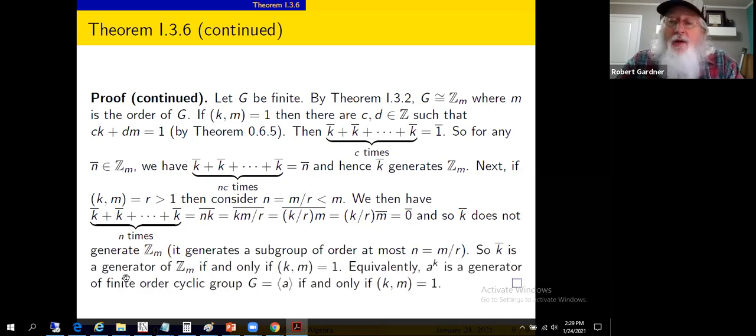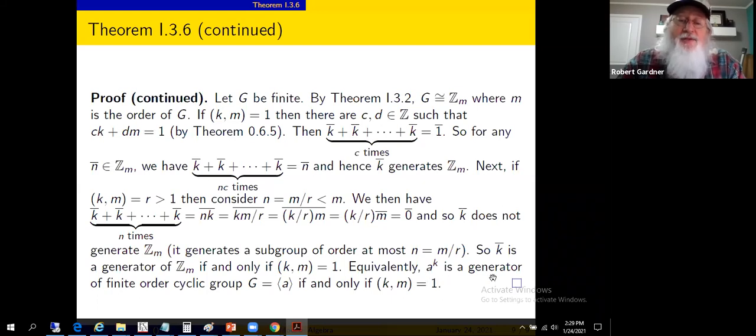That is, K bar is a generator of Z sub m if and only if the greatest common divisor of K and m equals 1. That was a conversation held in the context of integers mod m. Let's change it back to finite cyclic groups.